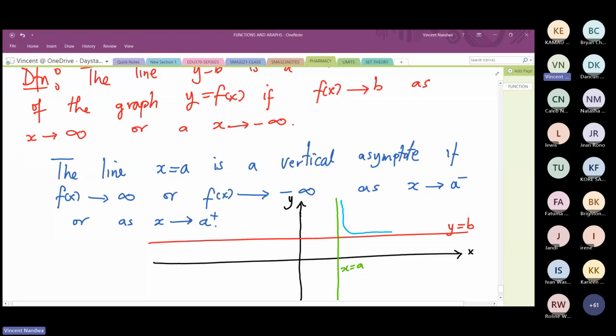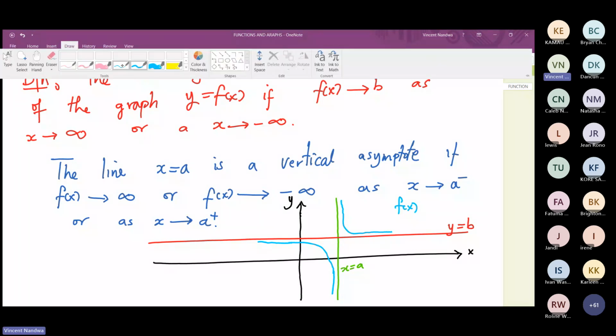So this is an arbitrary function, f of x.